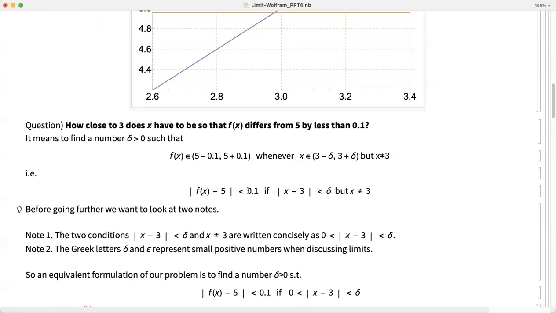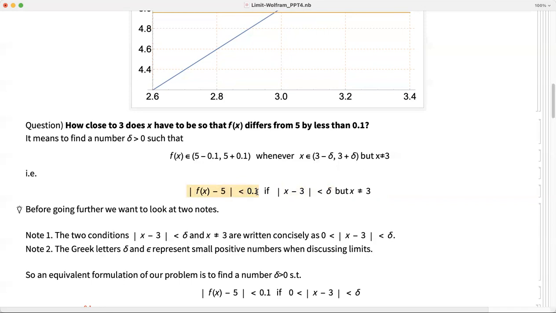Here we specifically picked the number 0.1, but what if we arbitrarily choose that number? Then what happens to delta? It makes sense that delta must depend on that value.